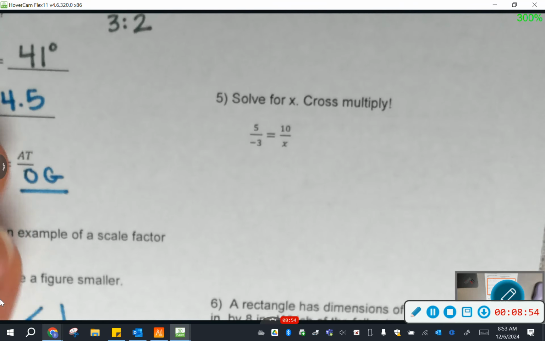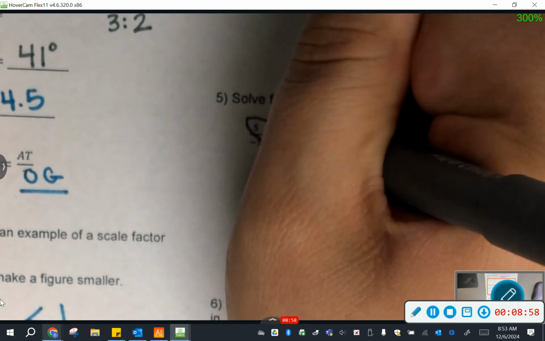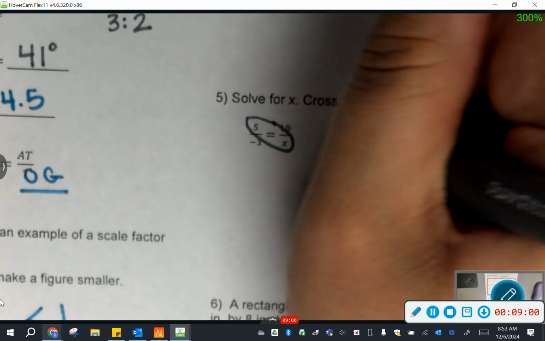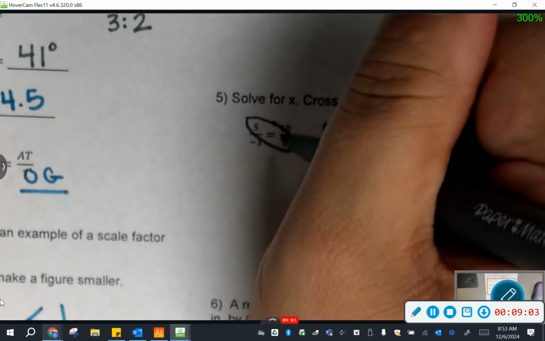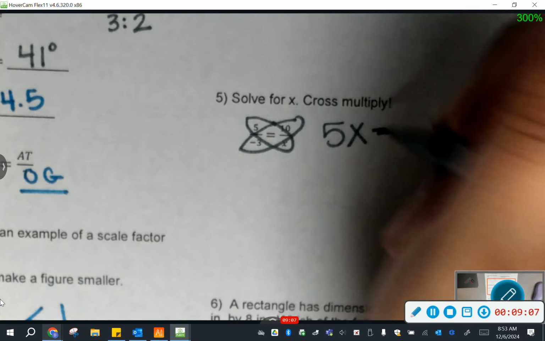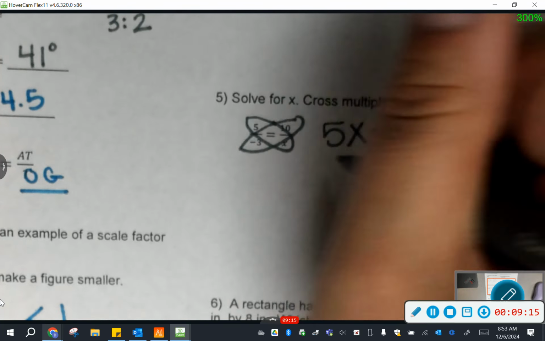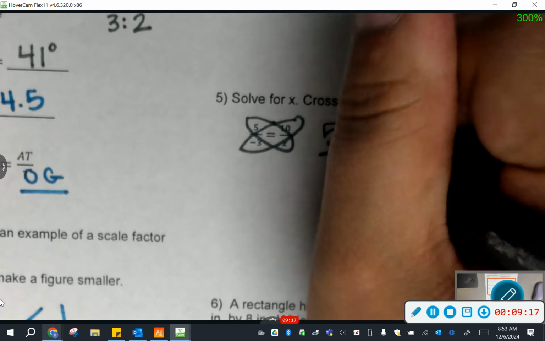Now we just have to cross multiply on this one. I don't know why this is so small. What do I multiply here? And what is 10 times -3? Y'all awake out there? Y'all good? What do I do? Divide by 5.